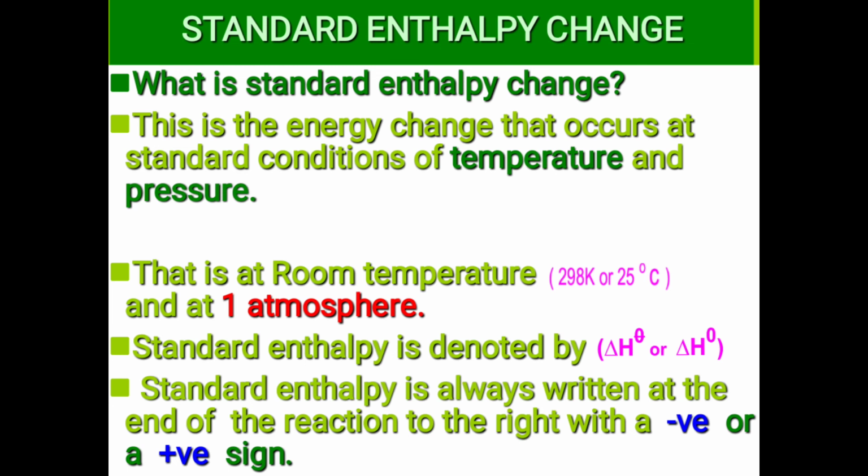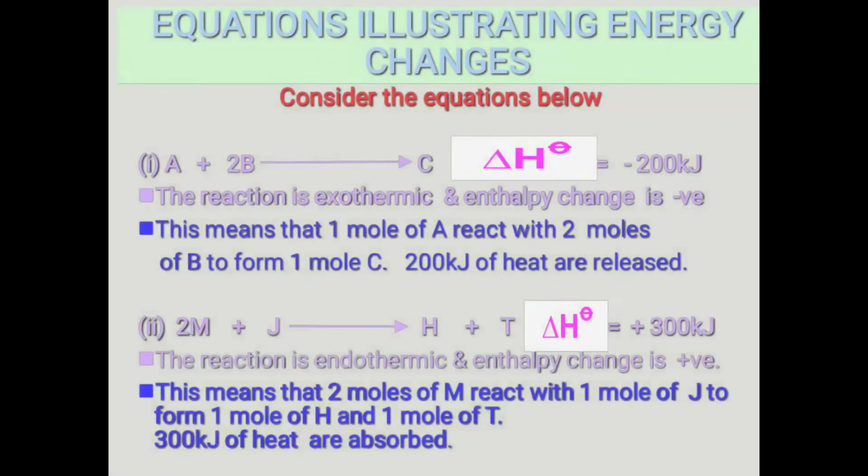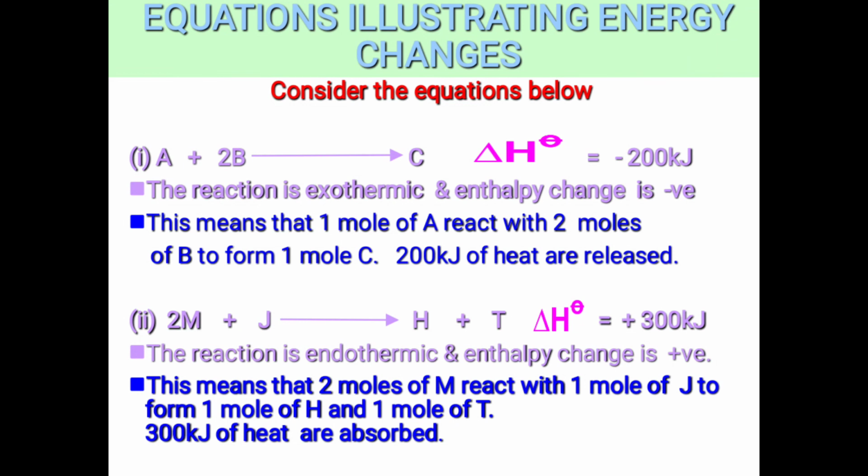Now let us try to illustrate that point with equations. Assuming we have reacting particles A and B. We have 1 mole of A reacting with 2 moles of B, forming 1 mole of C. And the ΔH, which is always written on the right hand side of the reaction, is given as ΔH equals negative 200 kilojoules. You are seeing it is negative.